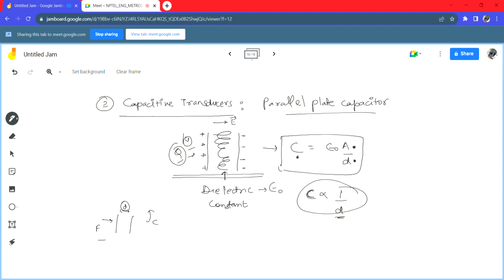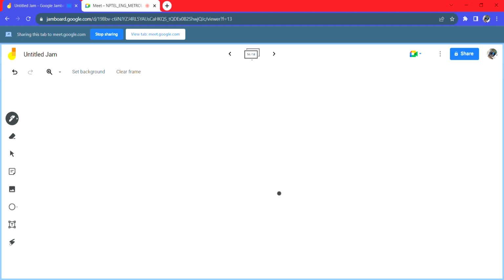But if the force is causing an elongation, the capacitance would reduce. So let us see such a system wherein we can directly place our force methods to identify these capacitances.